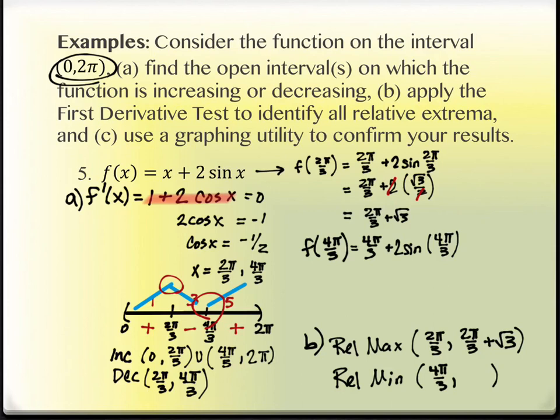Yeah, it's the same value, but it's negative because I'm below the x-axis. So my sine value is negative down there. So this is 4 pi over 3 plus 2 times negative square root 3 over 2. So the 2's cancel again, but now I have a negative. So I have 4 pi over 3 minus square root 3 for the y value.